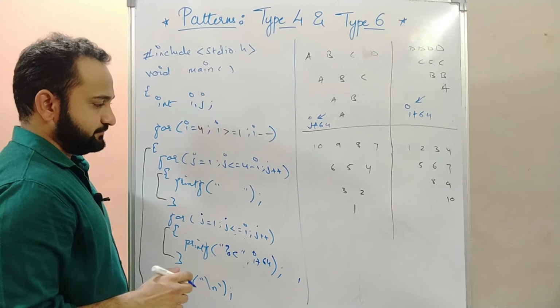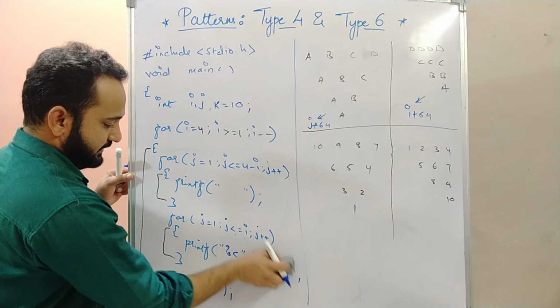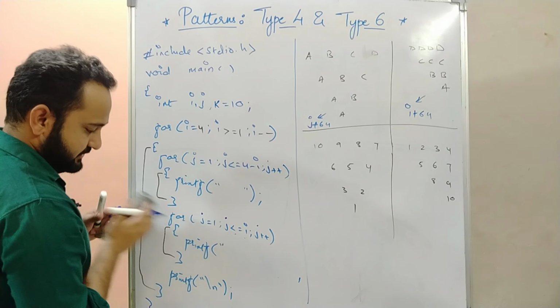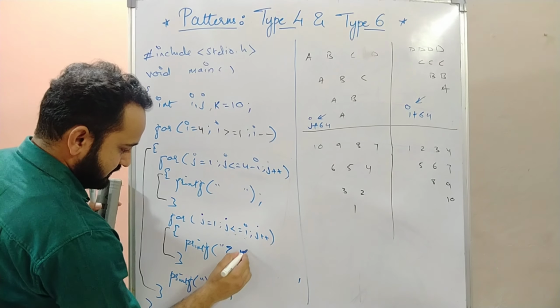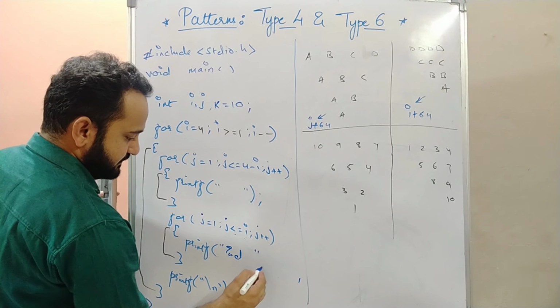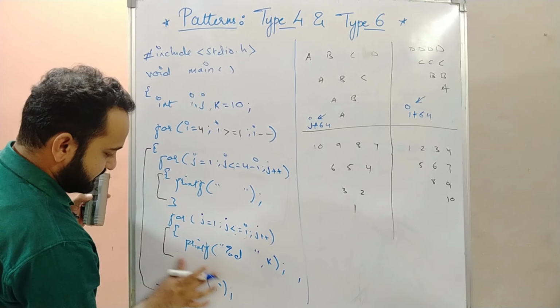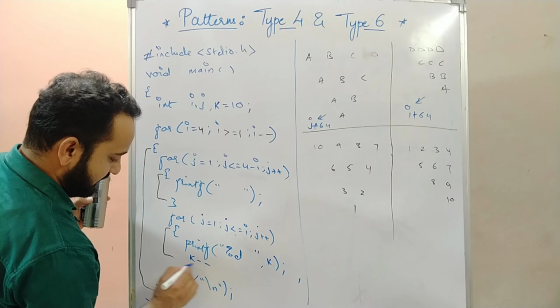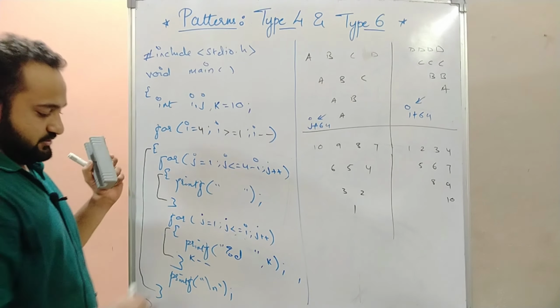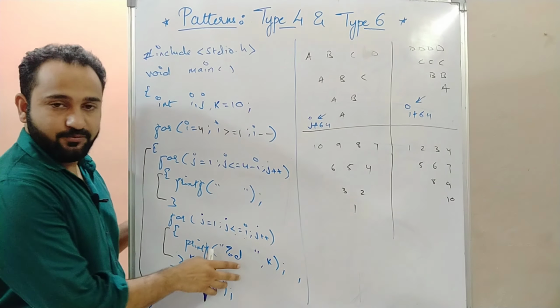And every time you print k, you have to decrement k by 1. So it will be percentage d, and we have to leave space here, right? So percentage d with a space, then print the value of k, and every time after printing you have to decrement the value of k by 1. k minus minus will be inside your for loop, and your semicolon will be there. I hope you got this.